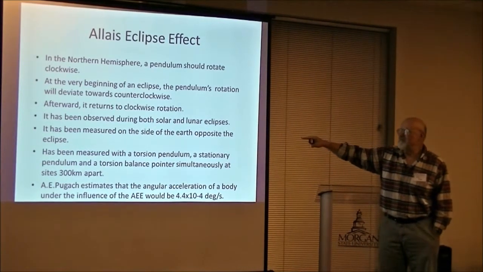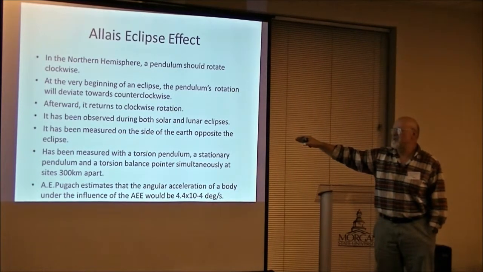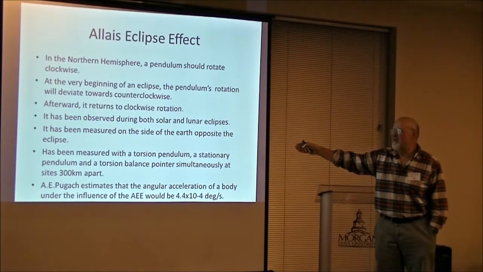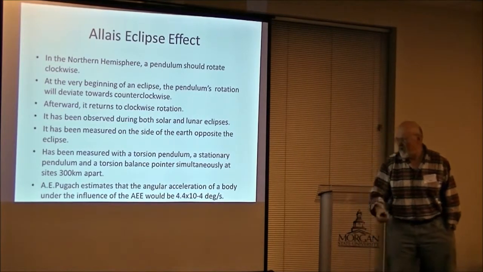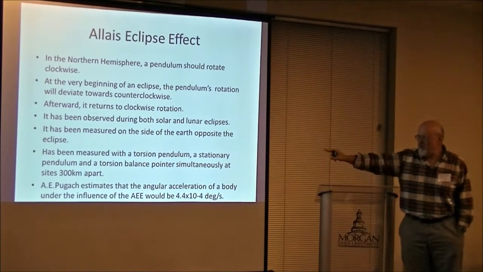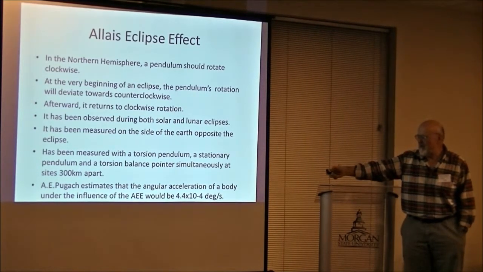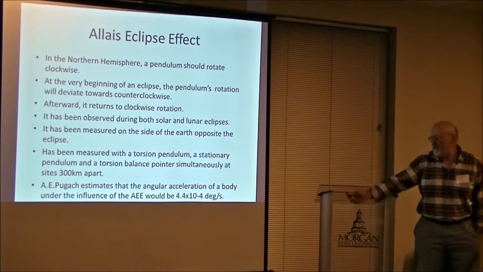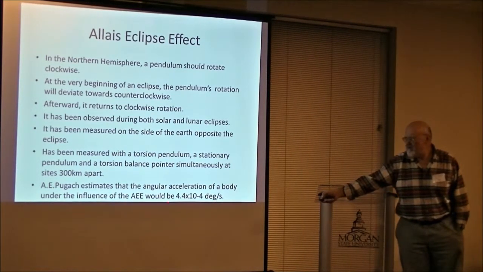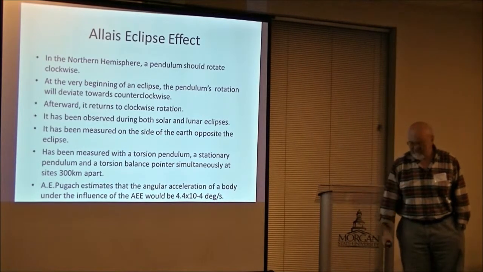Some people have observed this for both solar and lunar eclipses, and some people have measured it on the side of the Earth opposite the eclipse. It's been measured with a torsion pendulum, a stationary pendulum, and a torsion balance. And this is an estimate of the acceleration.